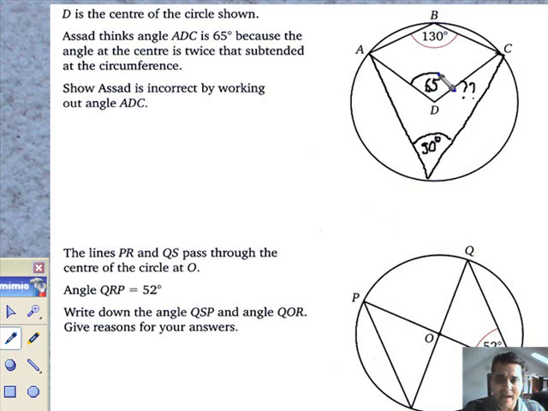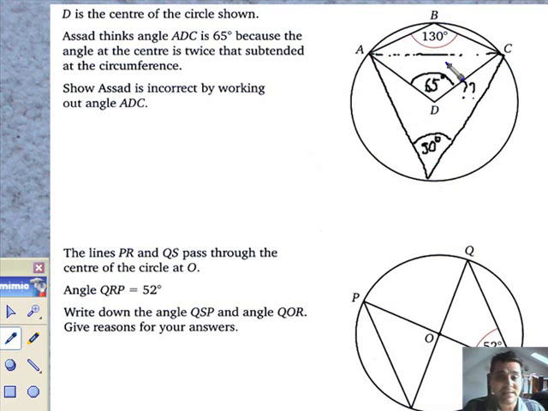So therefore, the angle at the centre, if you look very carefully, will be twice the size of the angle at the circumference I have drawn. If you can imagine a chord going from A to C, we have from the same chord an angle subtended at the centre and an angle subtended at the circumference, drawn from a common chord.